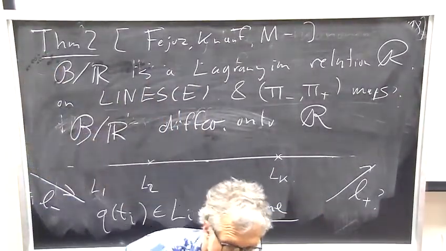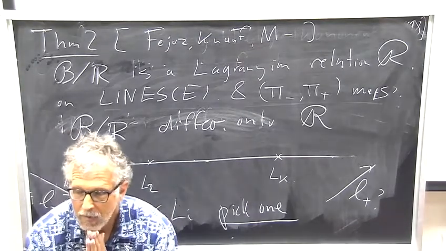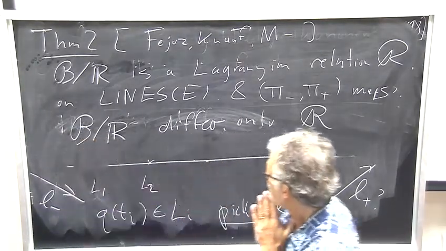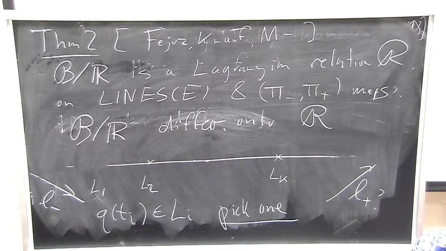Any questions on that? Oh, but you could have the same L minus and two different L pluses. So it's not really a map, it's a relation. That's right. There's in fact a picture of exactly that I wanted to show.